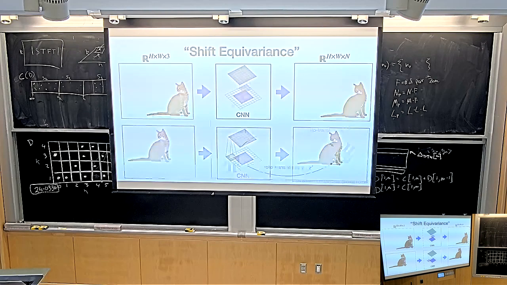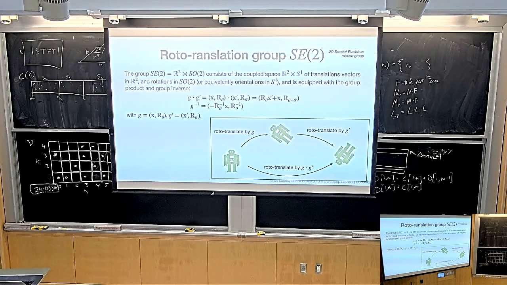Good. Then there's the roto-translation group. We talked about camera transformations, right? So this is where camera translation comes from. In 2D, roto-translations are called SE2, the special Euclidean group in 2 dimensions. And in 3D, it's SE3.